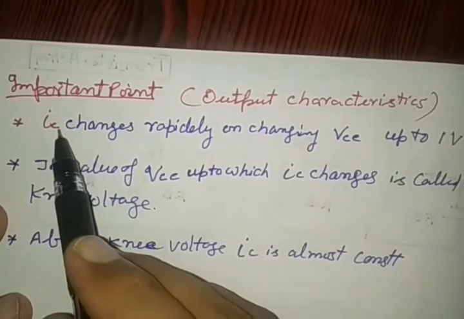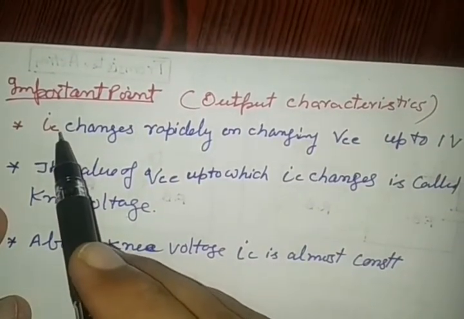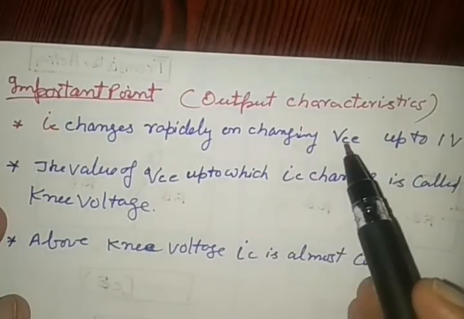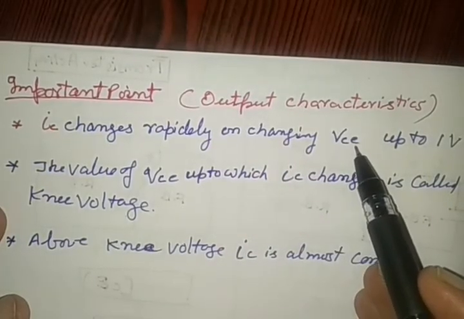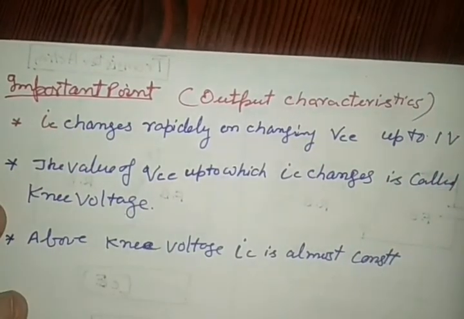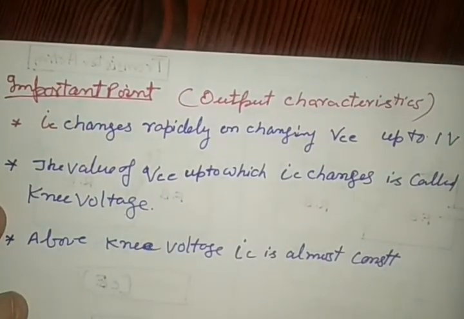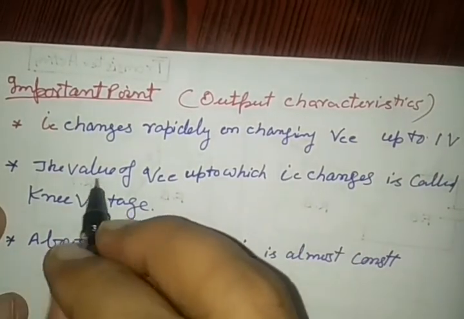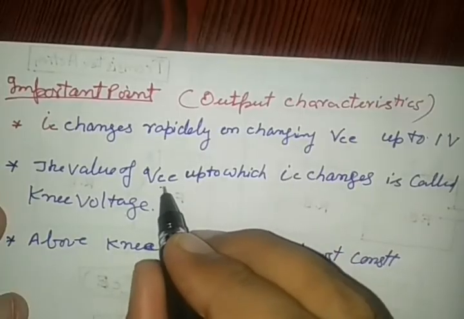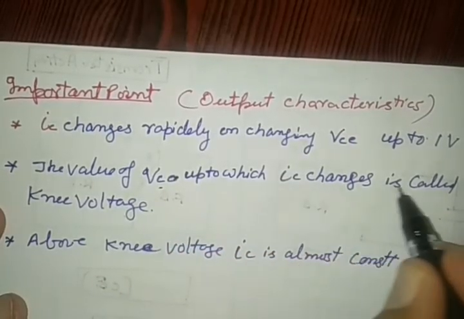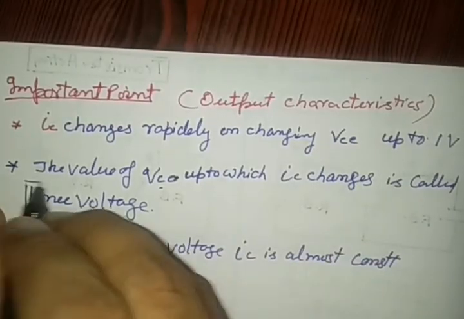What is this? In the output circuit, the output current IC changes rapidly on changing the output voltage, up to only about 1 volt. After that it becomes constant. Second, the VCE up to which IC changes is called the knee voltage.